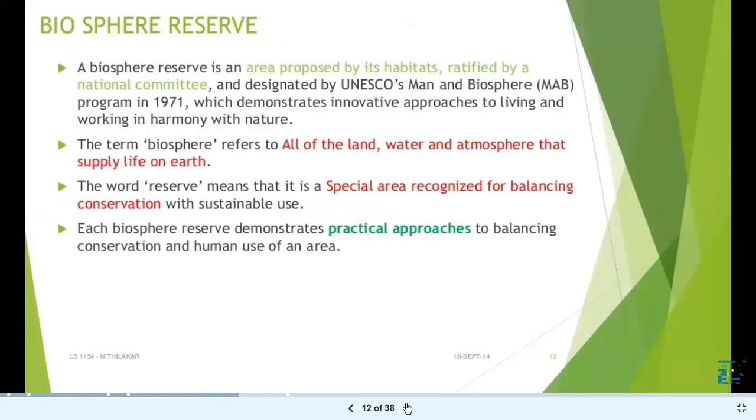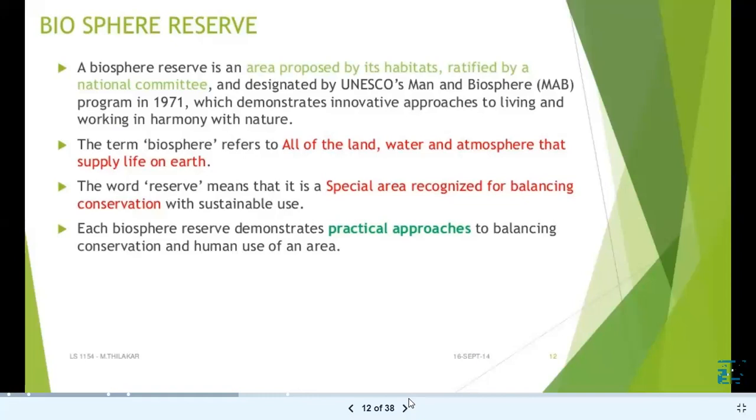Biosphere reserves क्या होते हैं? A biosphere reserve is an area proposed by its habitat country, ratified by a national committee and designated by the UNESCO Man and Biosphere Program in 1971, which demonstrates innovative approaches to living and working in harmony with nature.